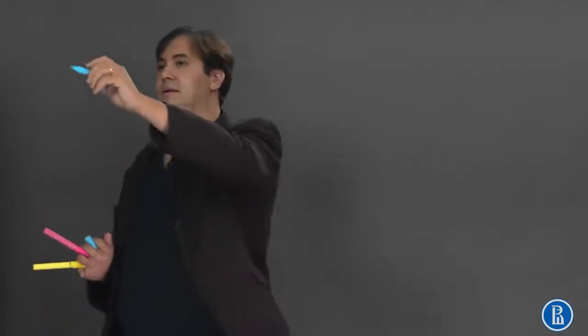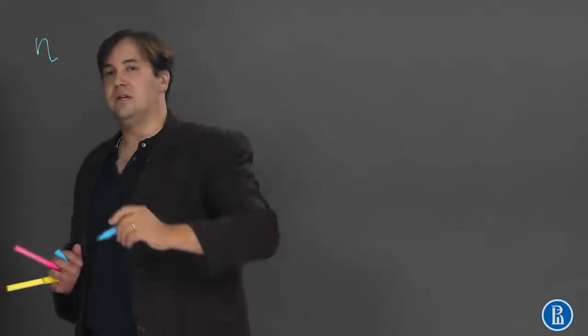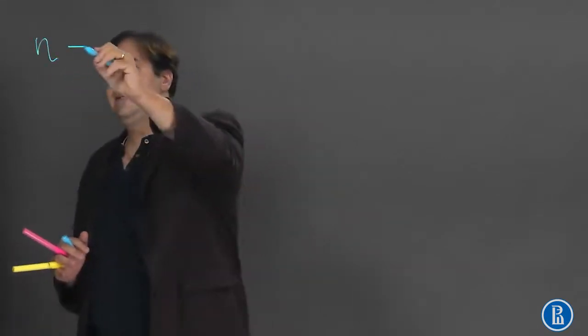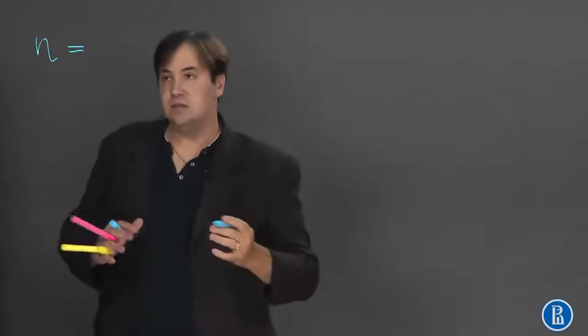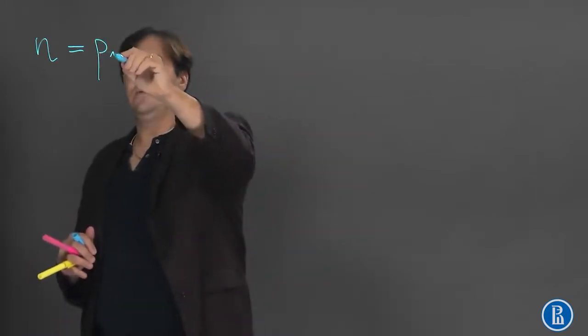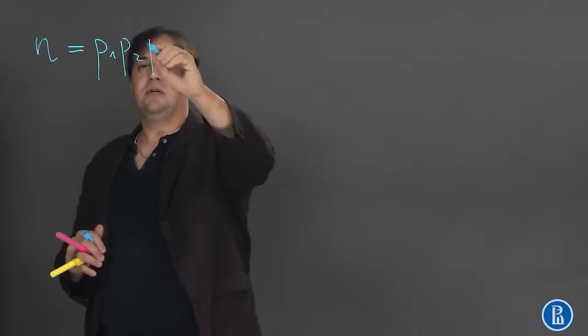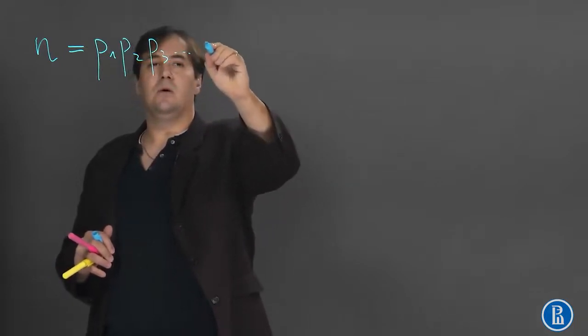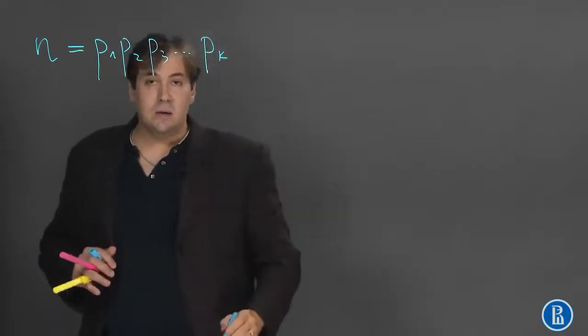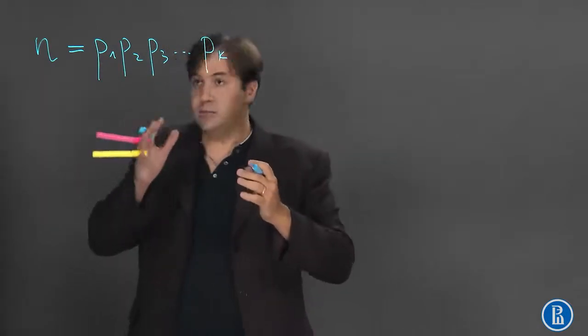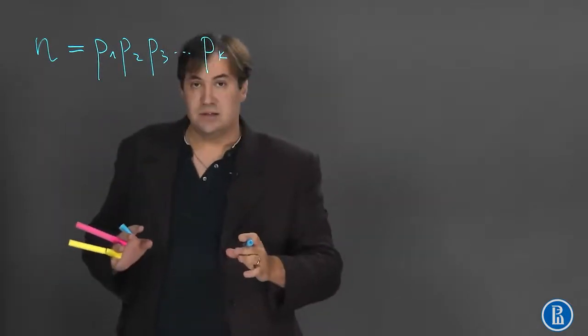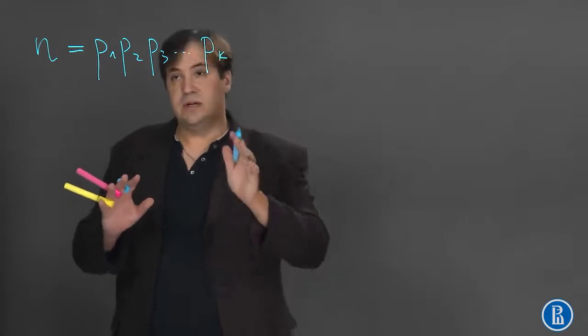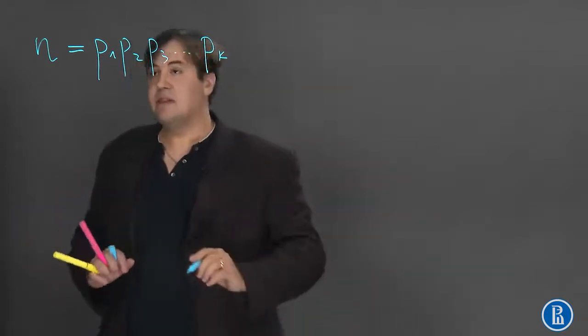So we already know what uniqueness means, but let me just remind you. This means that if we take any element, call it n, and it has some decomposition into prime factors, say p1, p2, p3, and so on, pk, where we do not suppose that all these prime factors are different, so they may be equal factors among them.